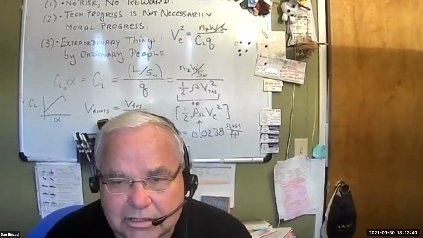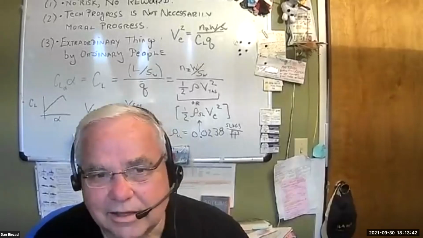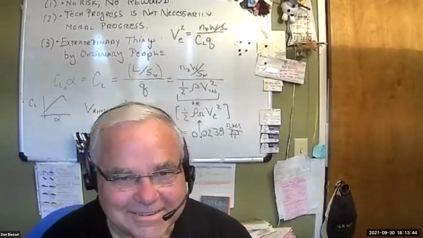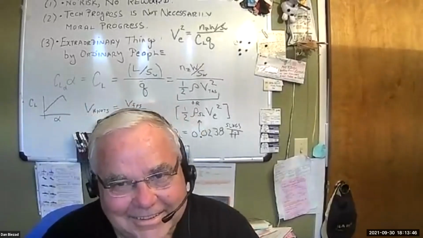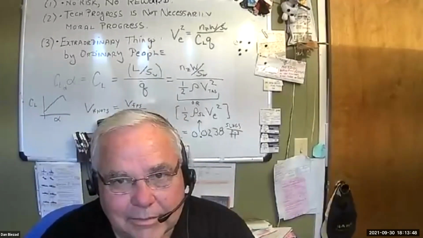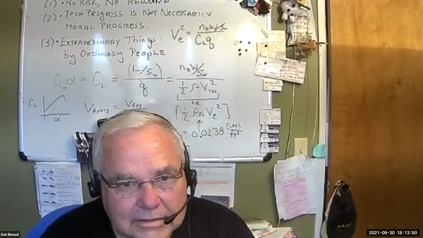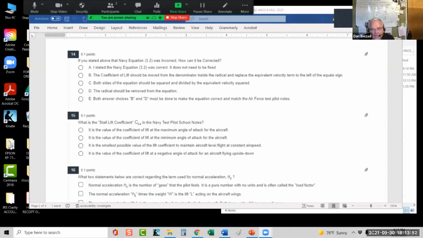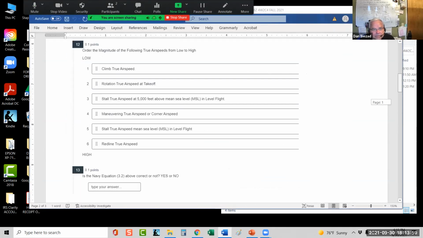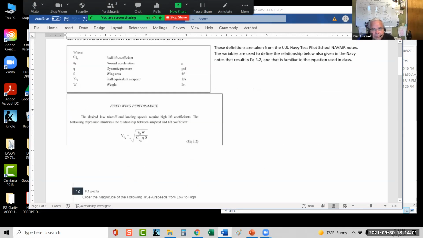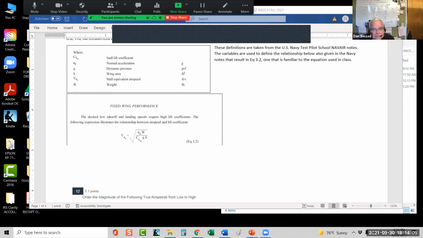When I first saw this Navy equation, it struck me as, I don't think that's right. So that's where the question basically came from. Looking up here, there's the equation.